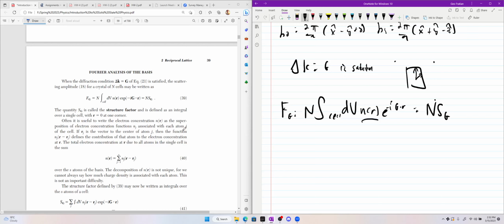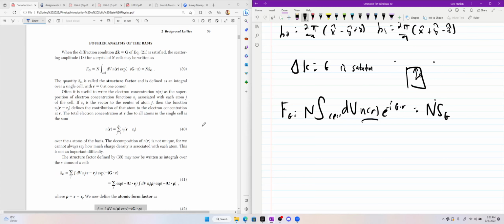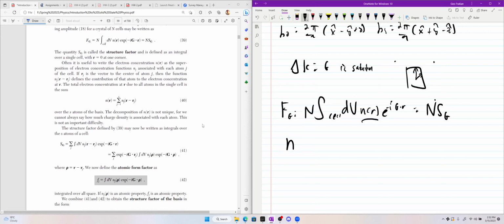So the total electron concentration at r due to all atoms in a single cell is the sum: n of r equals the sum over j equals 1 to s of n_j of r minus r_j, where there are s atoms in the basis. The decomposition of n of r is not unique, so we cannot always say how much charge density is associated with each atom. It's not really an important difficulty.